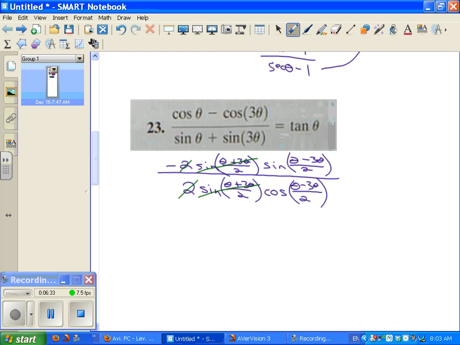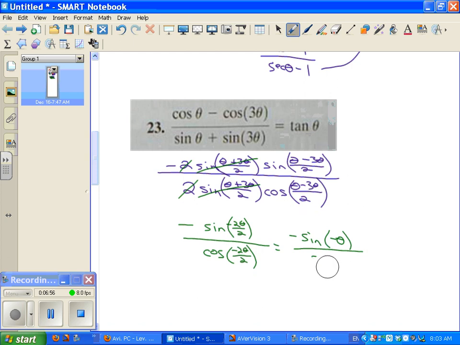All right, so now I've got negative in the top, sine of -2 theta over 2, all over cosine of -2 theta over 2. Well, that's negative sine of negative theta over cosine of negative theta.